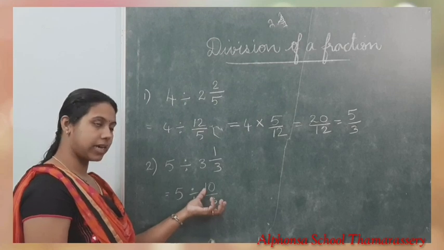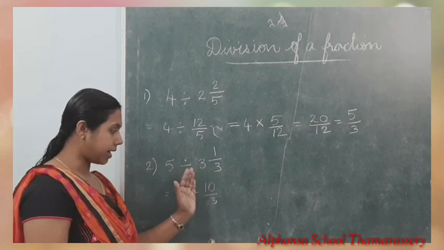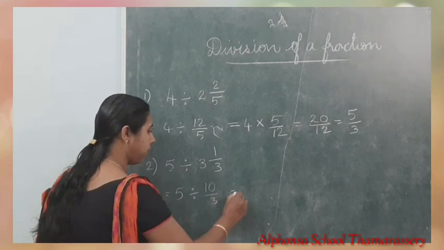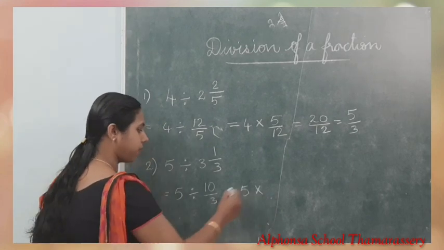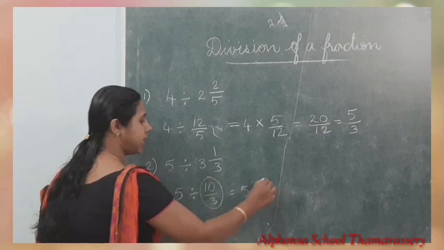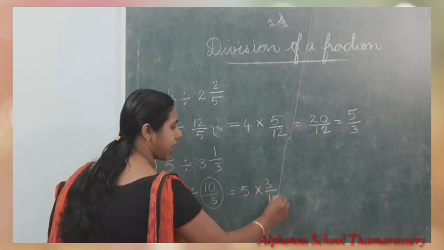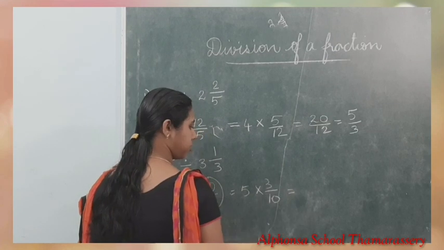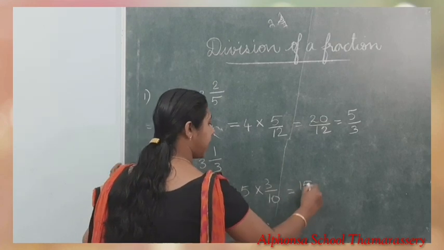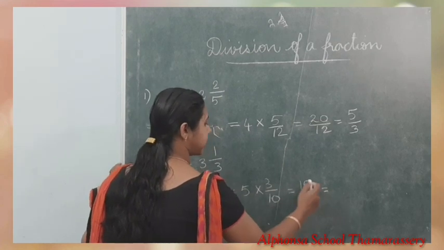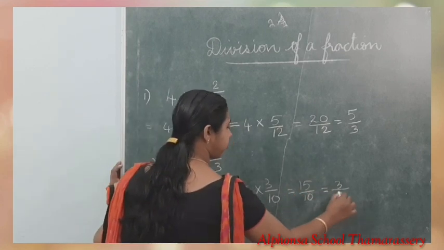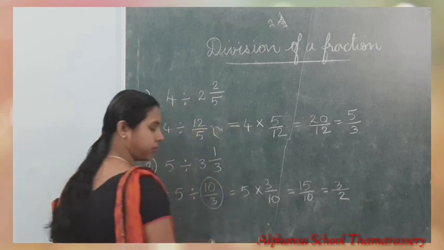So you have to take the reciprocal of the right hand side fraction and multiply with the whole number. So it will be 5 into the reciprocal of 10 by 3, which is 3 by 10. So 5 into 3 by 10 is equal to 15 by 10, and there is a common factor 5. 3 5s are 15, 2 5s are 10. 3 by 2 is the answer.